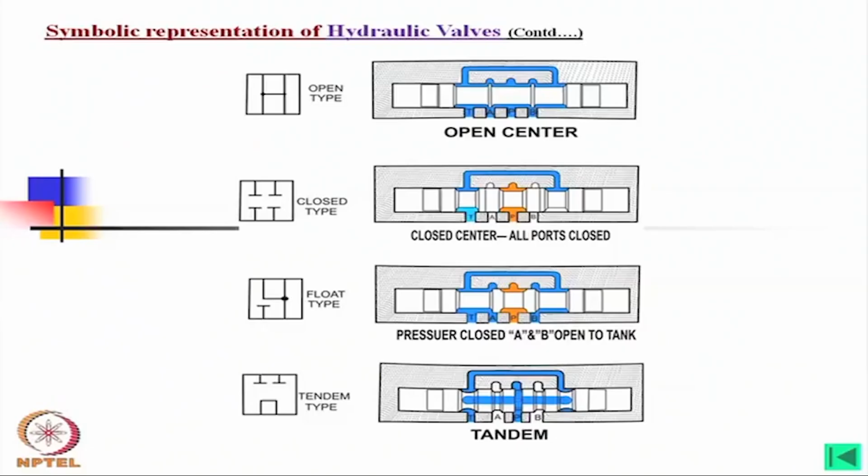So, all the power will be lost through heat energy. If we use the open center, definitely this pump oil will not be pressurized and it will only circulate, it will go to the tank. So, oil will remain cool and there will be less power loss.